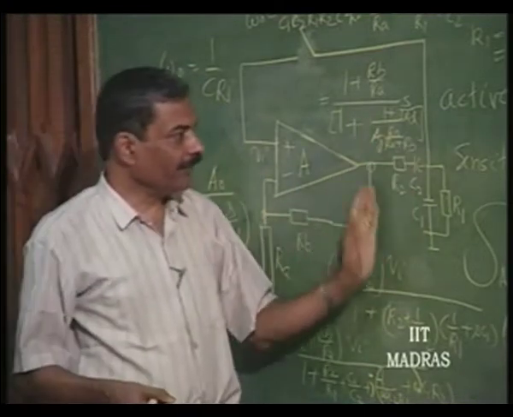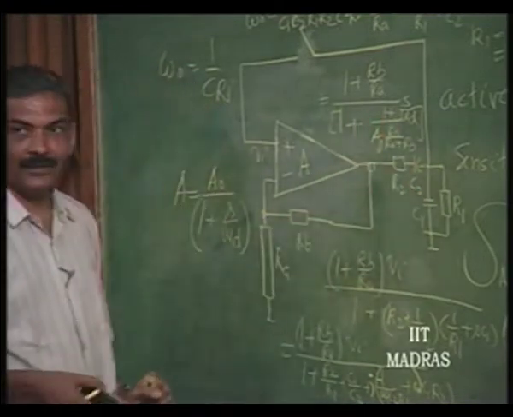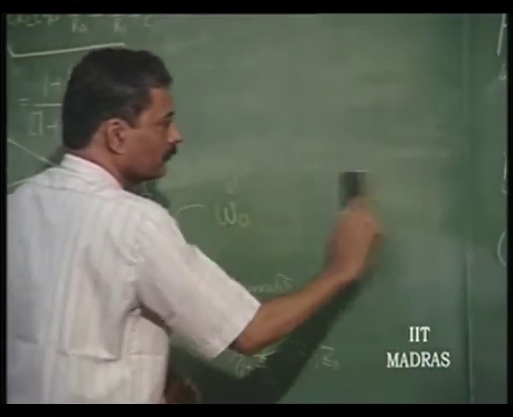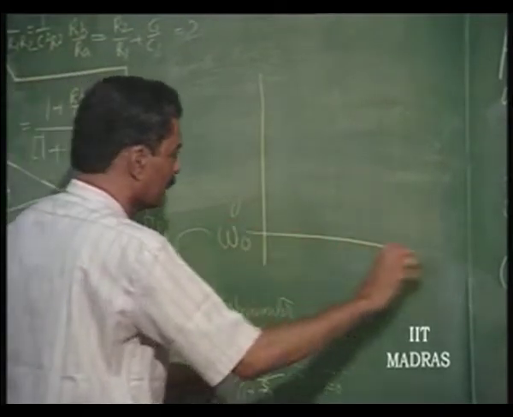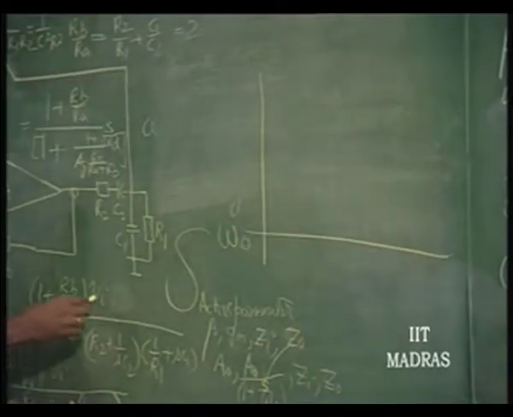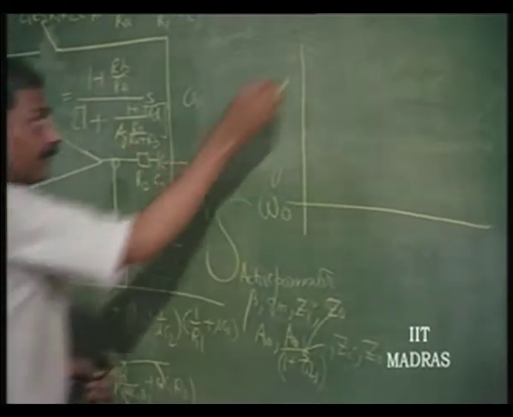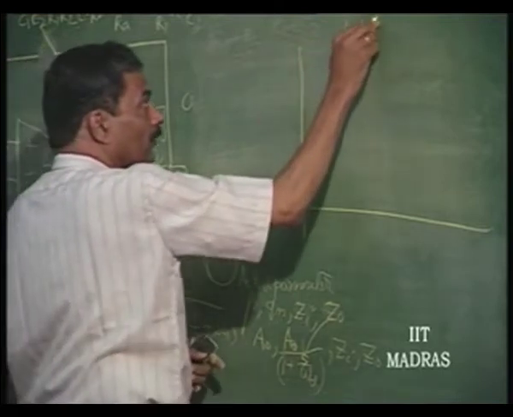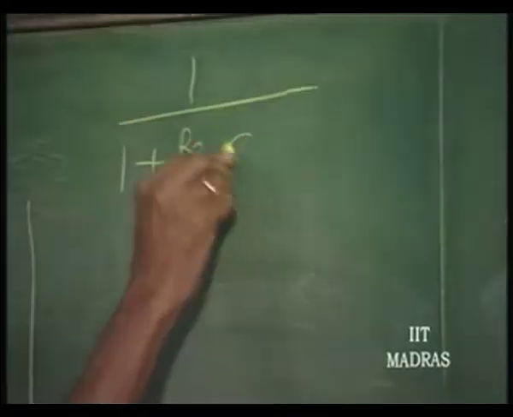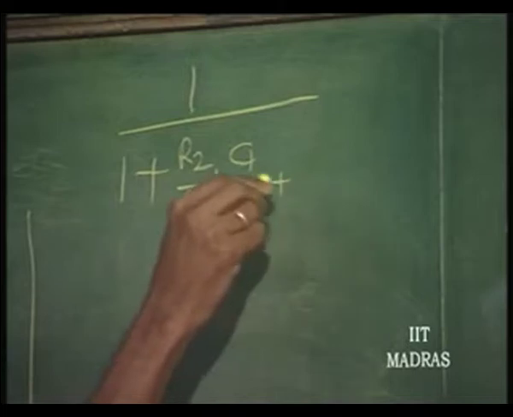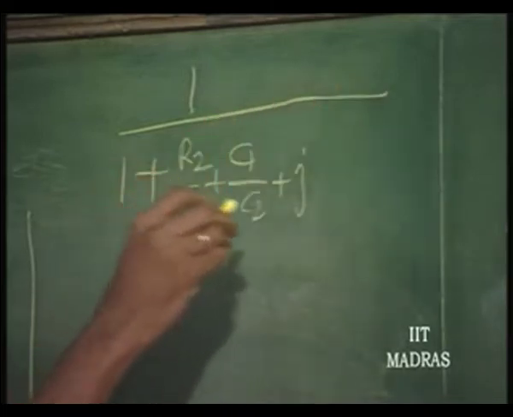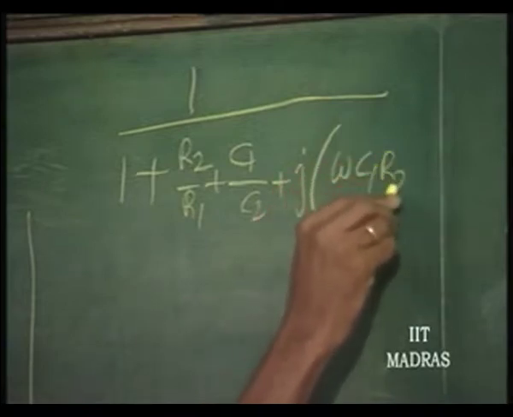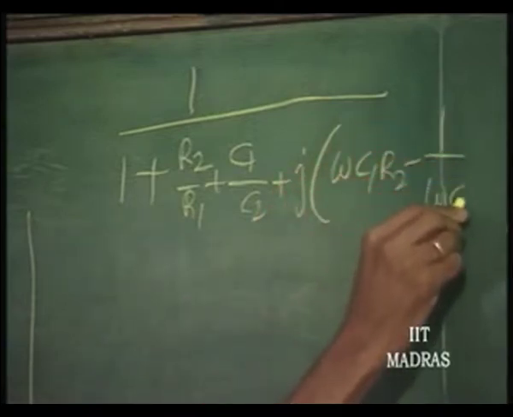So, let us plot the phase variation of this network with frequency. If you plot that, you can see that this part of the network gives you this kind of expression: 1 plus R2 over R1 plus C1 over C2, plus j times omega C1 R2 minus 1 over omega C2 R1.